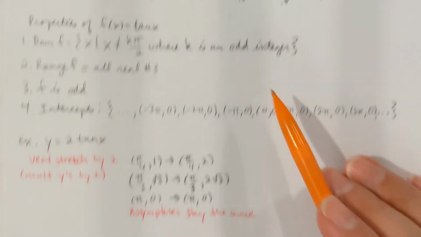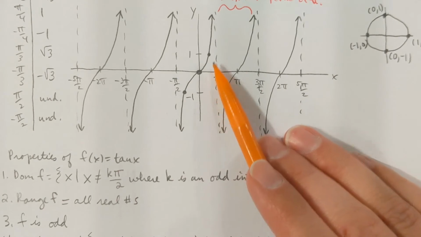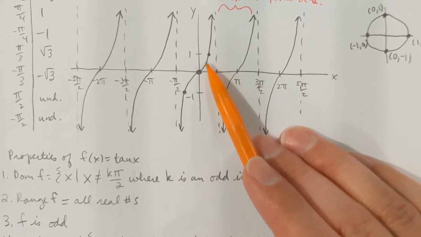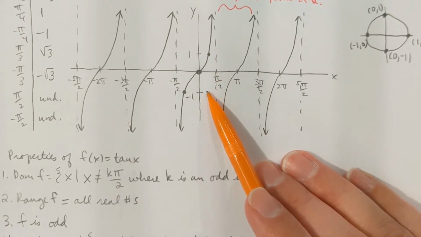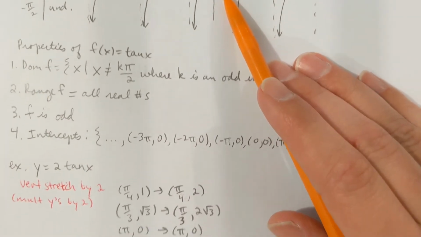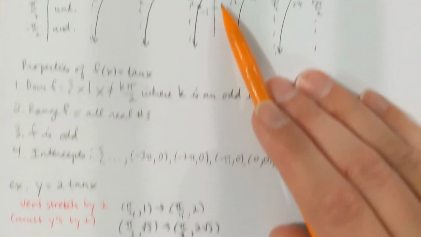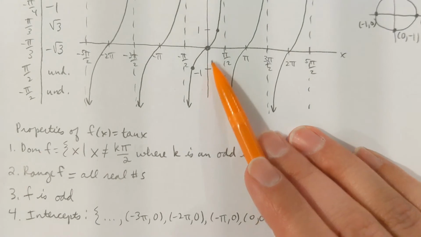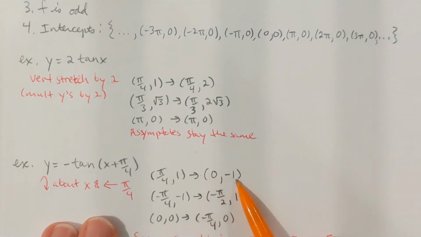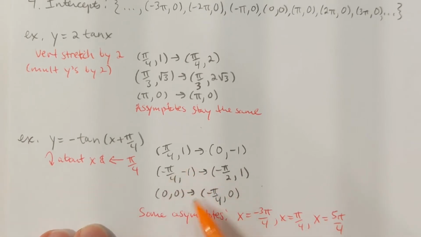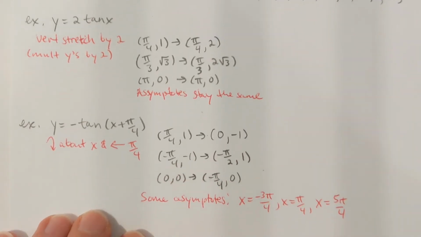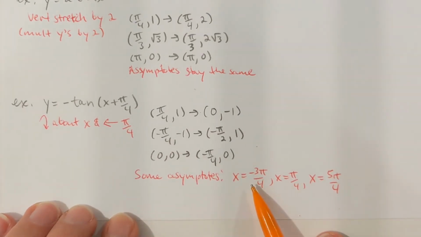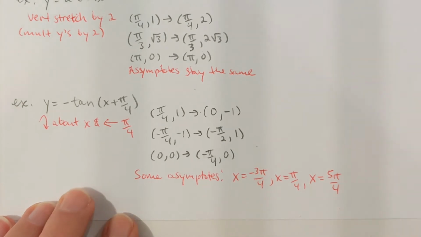(Pi over 4, 1) was on the original graph. When you reflect that about x, that'll put you at (pi over 4, negative 1). And then you're going to be shifting to the, which way we shift in here? We're going to the left, pi over 4 units, so that'll put us at (0, negative 1) then on the new graph. And here's where a couple of other points are going to be going. The asymptotes are going to shift to the left also by pi over 4 radians.